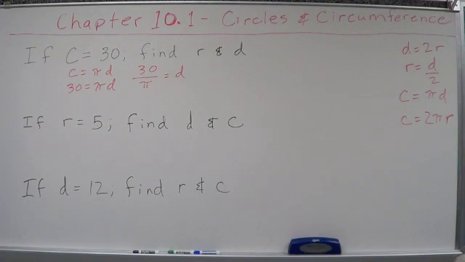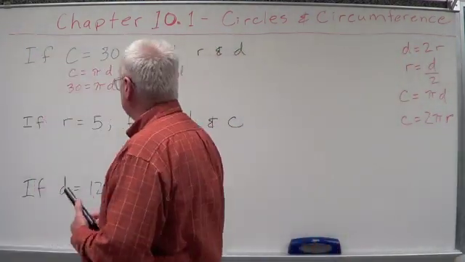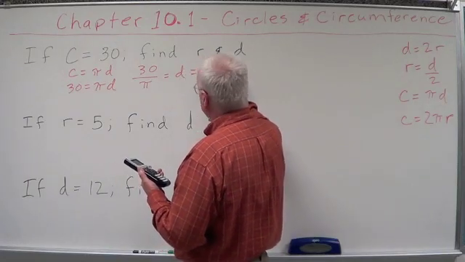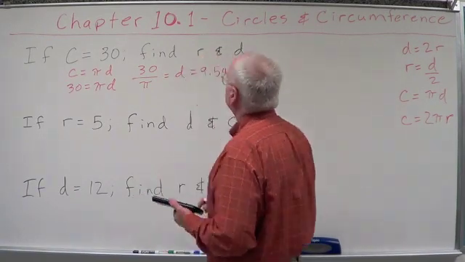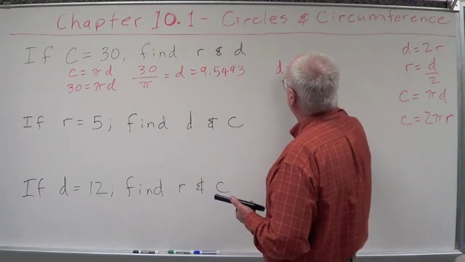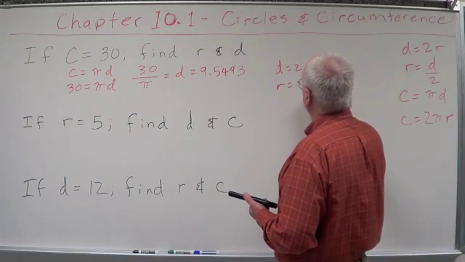I come up with d equals 9.5493. We also know that d equals 2r, so r equals d divided by 2.